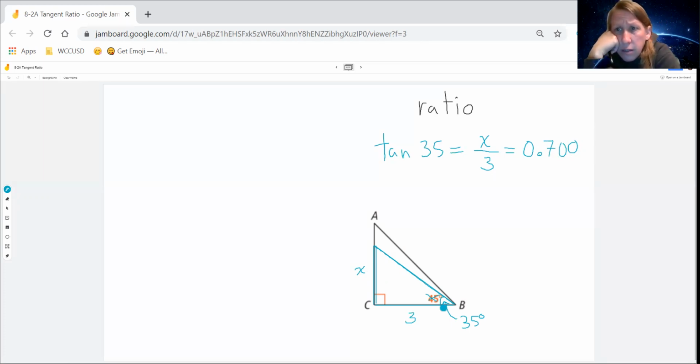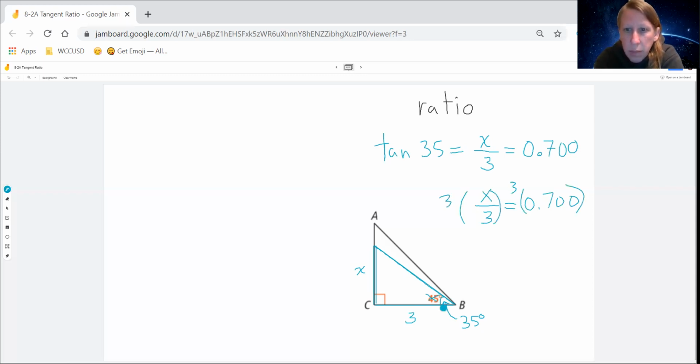Then if I wanted to solve this for x, I would multiply 0.7 times 3. 1 times 3 would be 3, but it's not going to be that long. It's going to be 0.7 times 3. This is 0.7. I'm going to multiply both sides by 3.